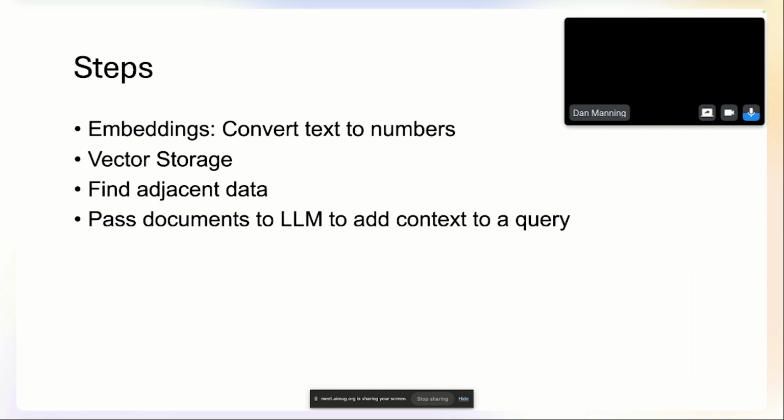And then basically from there, when you want to make a query, it'll take your query and convert it with the embedding, getting another long string of numbers. It does a piece of math to find pieces of text that are adjacent to each other. And then that's what it returns, and you pass that as context to your large language model request. That's a super high level of how that works. It's actually pretty easy to do with LangChain.